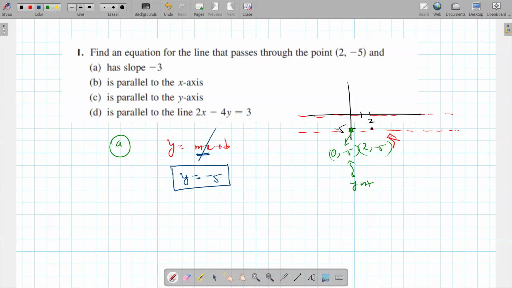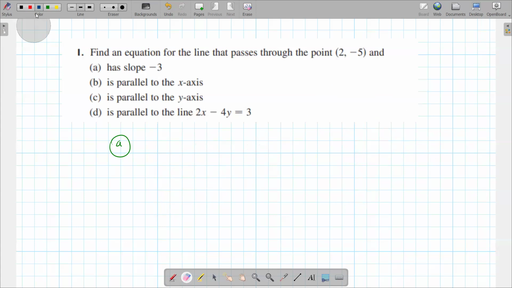Cool? Part C, parallel to the y-axis. Now, instead of being parallel to the x-axis, we're now parallel to the y-axis. So your point is down there still. So now we're looking for the equation of this line that's parallel to the y-axis and goes through (2, -5).